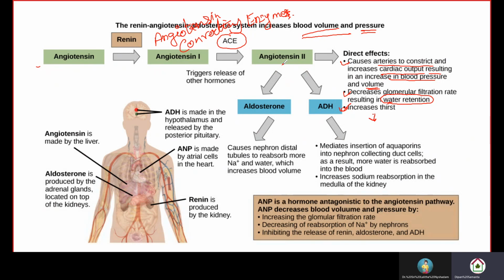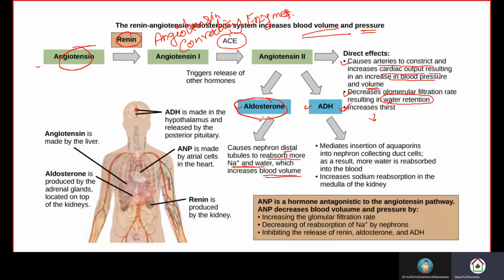Now other effects. It encourages the secretion of aldosterone and ADH. So what will aldosterone do? It causes the DCT to reabsorb more sodium and water. So we call it the renin, angiotensin, aldosterone system. This aldosterone will reabsorb more sodium and water, which increases blood volume. Okay, and aldosterone acts on the DCT. Very important.